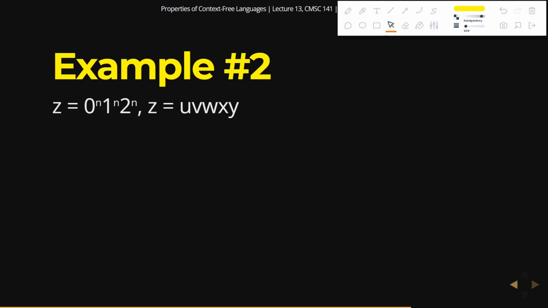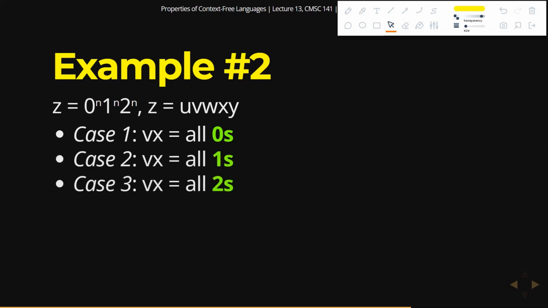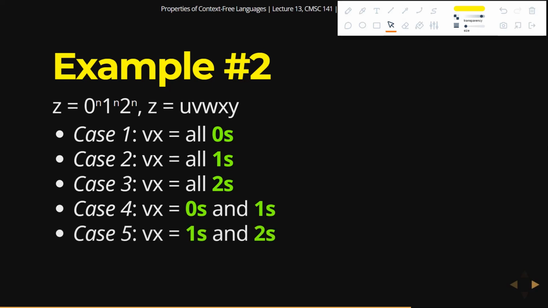So in this case we still have 5 cases, similar to what we had in the first example. vx could be all zeros, all ones, all twos, or zeros and ones, or ones and twos. The proof of this is pretty straightforward.